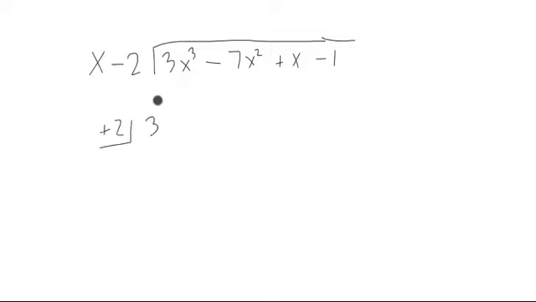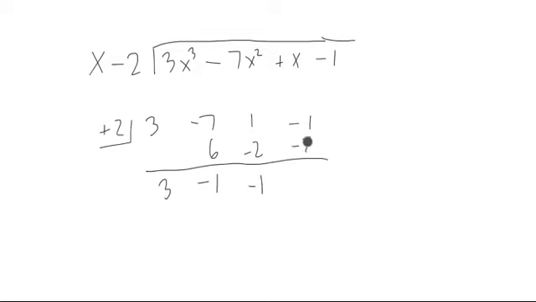We have these coefficients 3, -7, 1, and -1. We go 3, 6, -1, -2, -1, -2, -3.